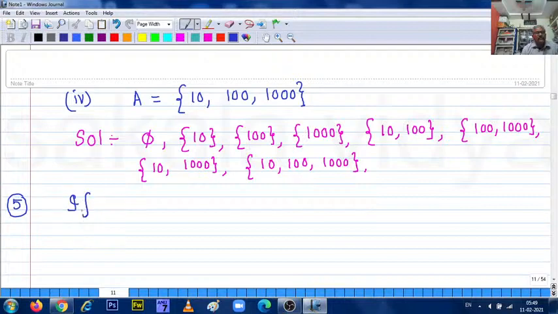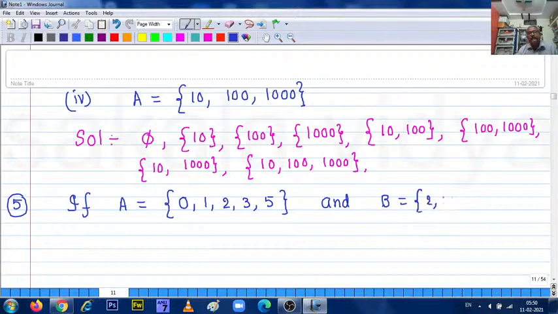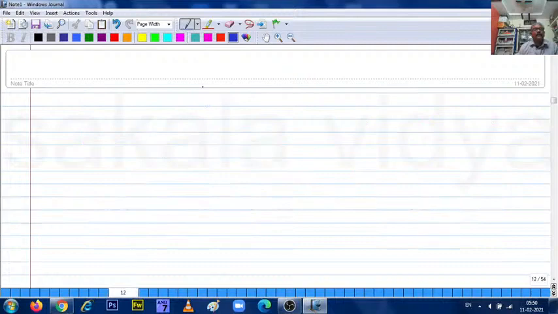If A equals {0, 1, 2, 3, 5} and B equals {2, 3}, then find A minus B. So let us find out A minus B. A minus B is called the difference of the two sets. Let me explain how to find it.